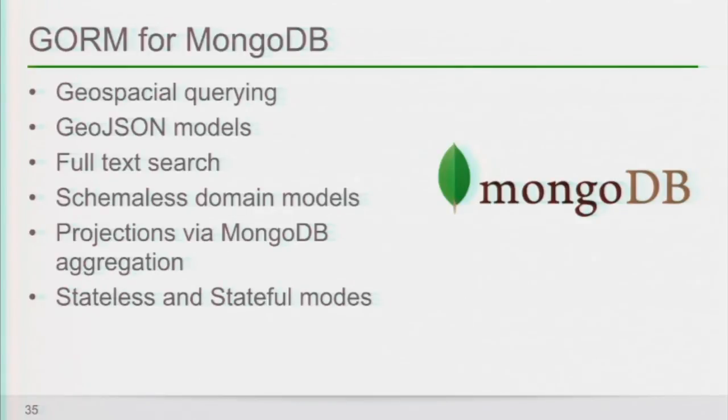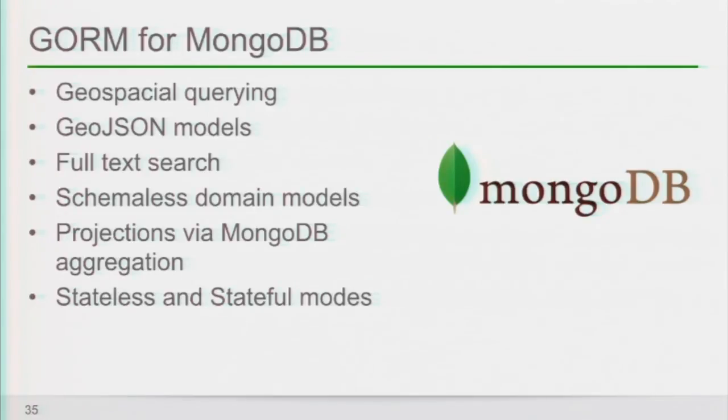You define a text index on those two, and then you just do person.search and pass in your query, and it's got full text search, Google-like queries, without needing to introduce something like Elasticsearch or Compass or Lucene or a separate querying engine. It's native to MongoDB. You also have schemaless domain models, so you can have your fixed domain models, like in that person domain class I had first name and last name.